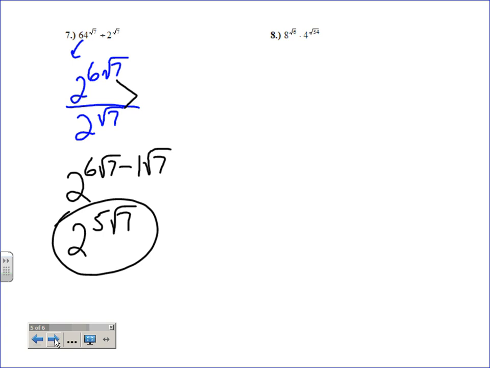What I would like you to do for a second, number 8, is just try and get the base as small as you can. Just do that first on your own right now. Don't worry about the rest of it. Just get it as small as you can right now.